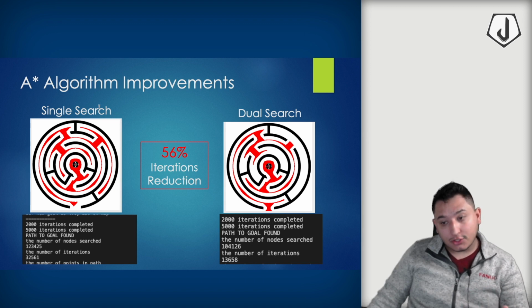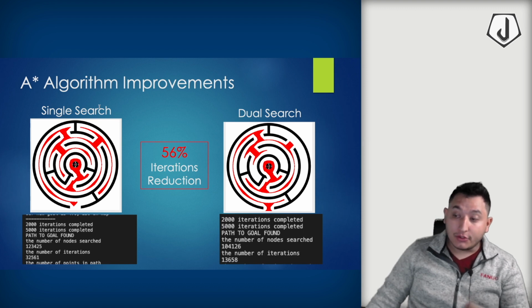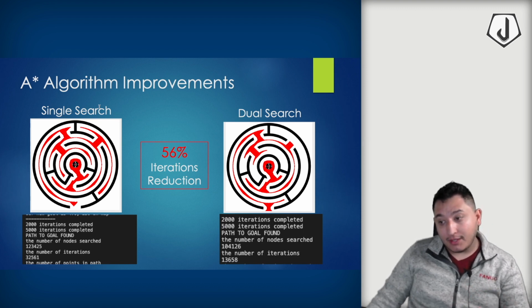Using a single search, it took this algorithm 32,561 iterations to find a final path to the goal. Using our dual search A-star algorithm, we reduced this number to 13,658 iterations to find a valid path to the goal.